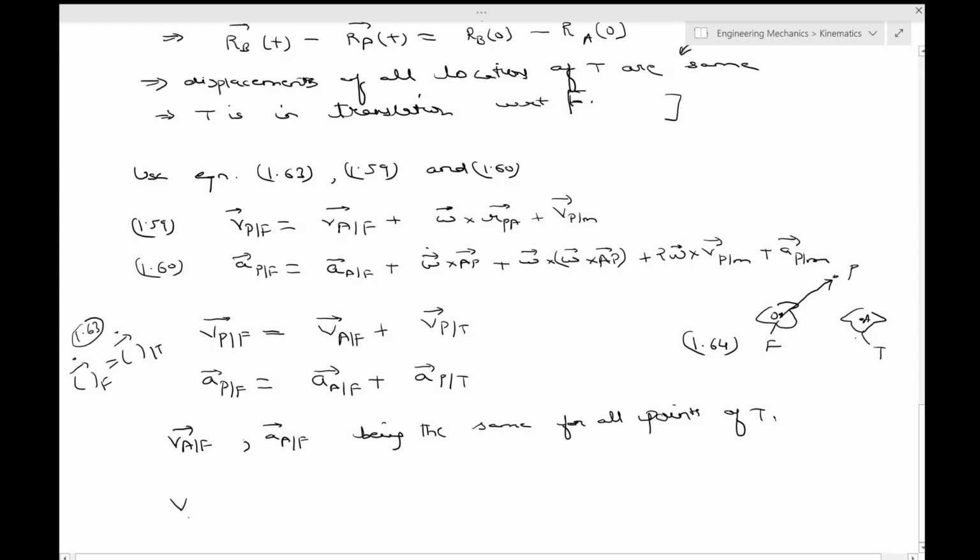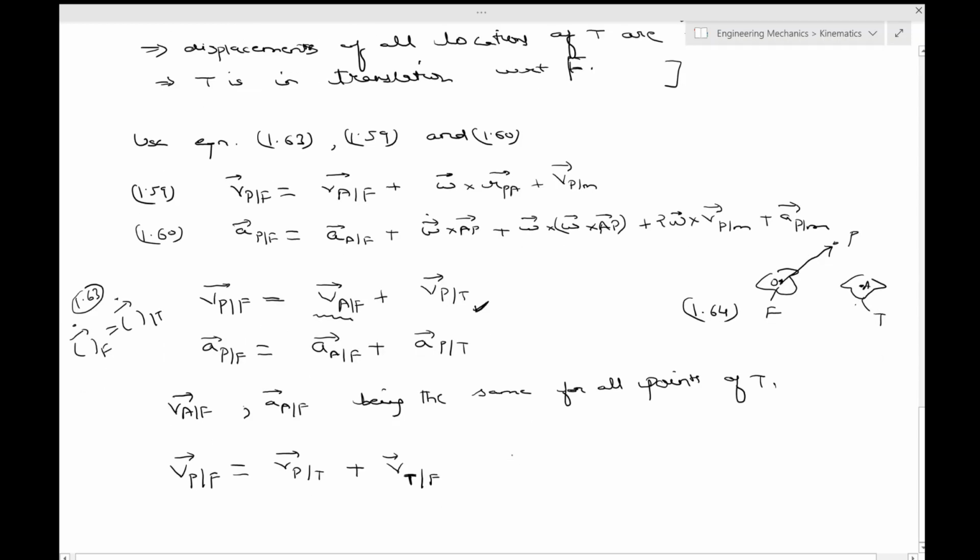So you can write velocity of P with respect to F is equal to velocity of P with respect to T. Okay, I'm writing the first term, and then the second term, velocity of A with respect to F, can be written as velocity of T with respect to F, since the velocity of point A will be the same as the velocity of the whole frame or the rigid body, okay, that's why this can be done.